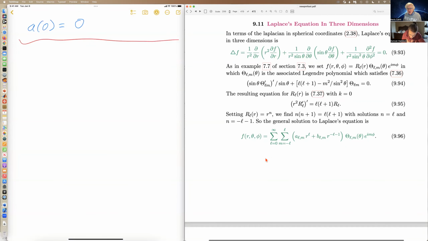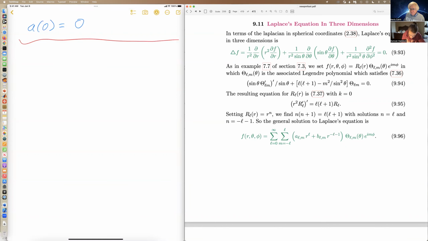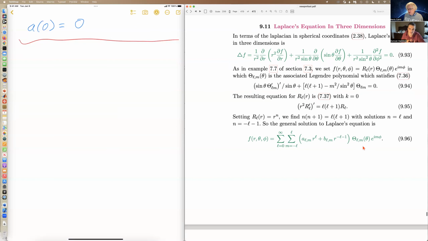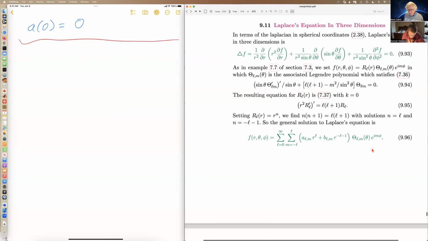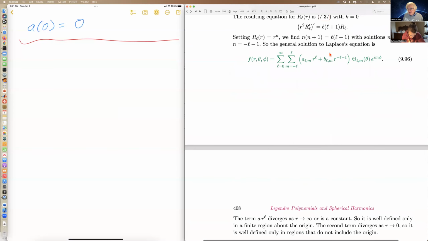And so then we have as our general solution a sum over L and M of the associated Legendre polynomial, again in cosine and sine of theta, e to the im phi, and then r to the L and r to the minus L minus 1, and you sum over L and M. Of course, this term diverges at spatial infinity.